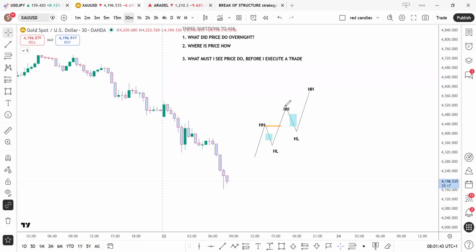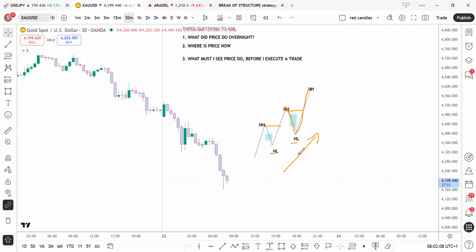So it moves up, it then pulls back down again, and then repeats the same pattern and gives us another break of structure. In that case, we now say price is giving us a series of higher highs and higher lows. So when price is giving us a series of higher highs and higher lows, then we say price is moving up.